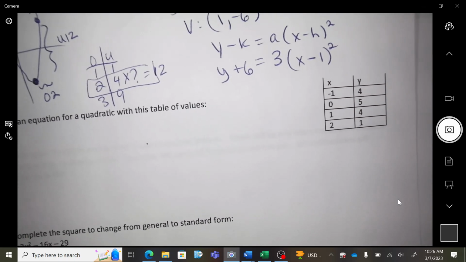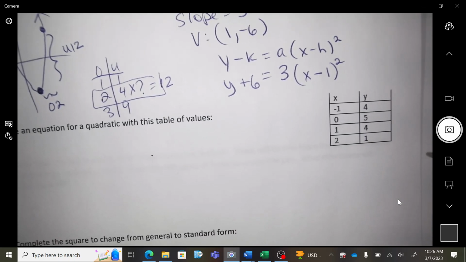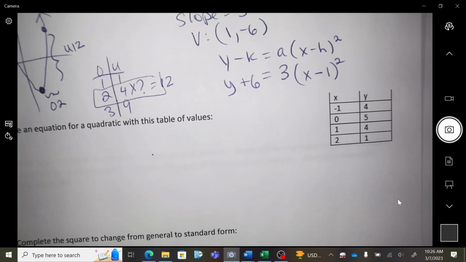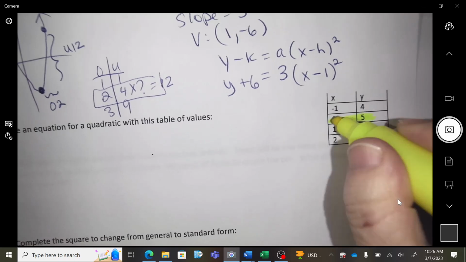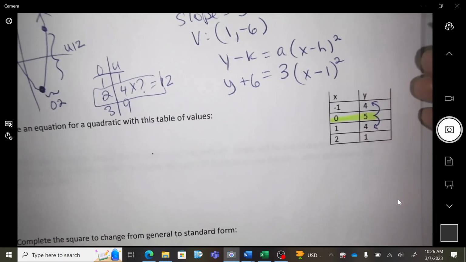Okay, if I looked at this table, could you figure out for me what coordinate is the vertex? Which one has to be the vertex? 0, 5. Why? Because there's symmetry happening around it.